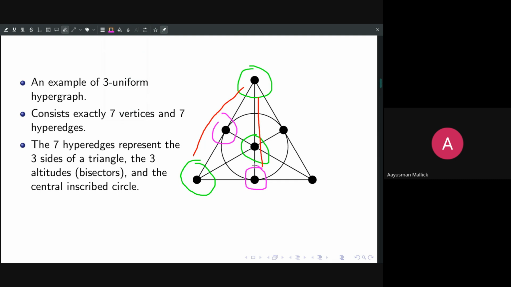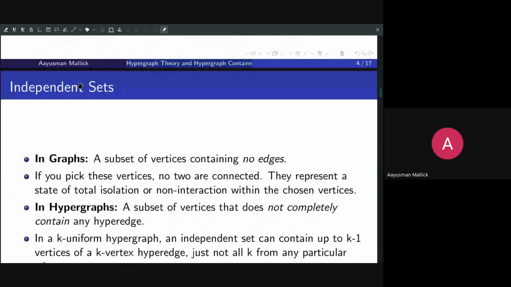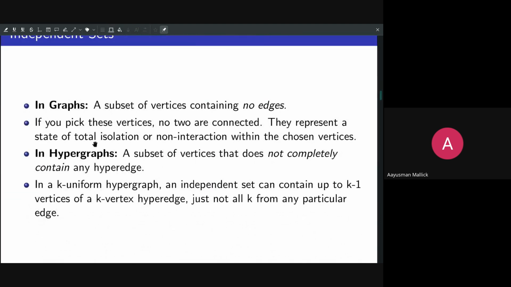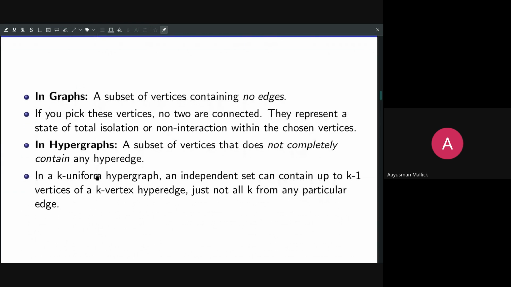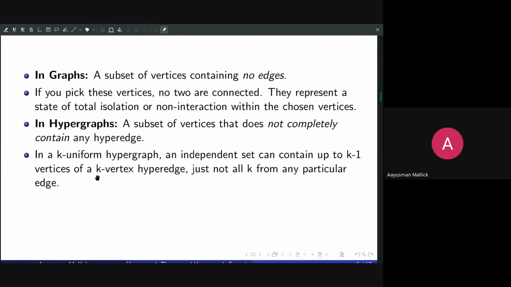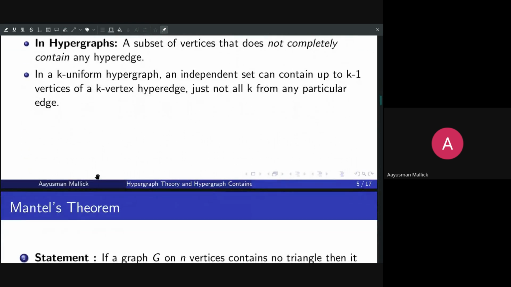So the edge is not completely contained within the set of those vertices. So these are independent sets. This is a particular tweak or notion to remain careful of for independent sets in hypergraphs.